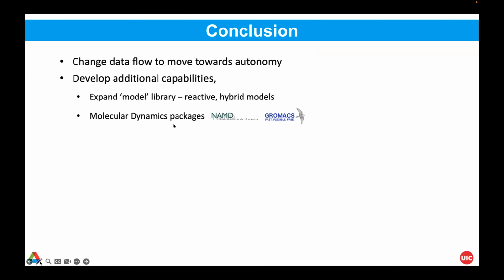And also MD packages. Currently we have the evaluator to be LAMMPS. It would be good to have NAMD and GROMACS under the hood because it would allow multiple users, mainly from the biomolecular side. Looking at NAMD, it reminds me of some of my experience when I was working on membrane simulations, I basically wanted to simulate boron removal from water.